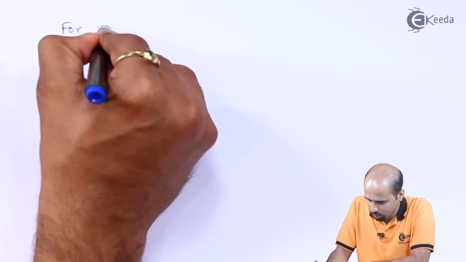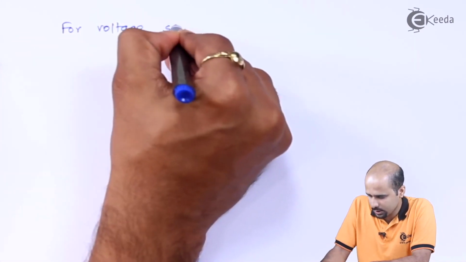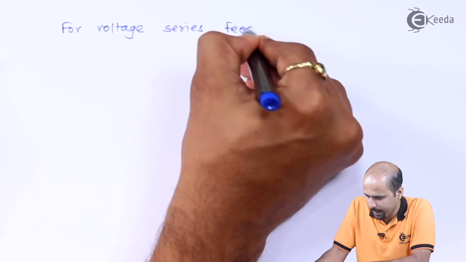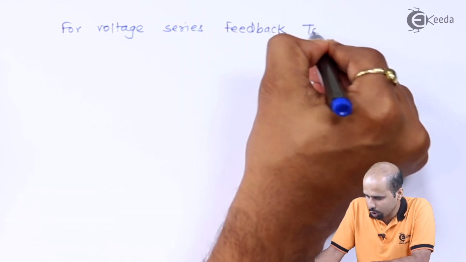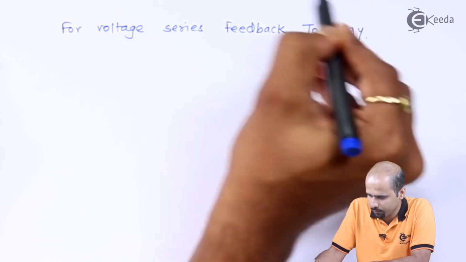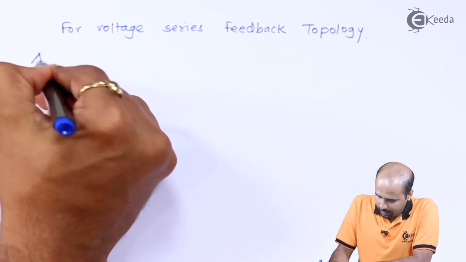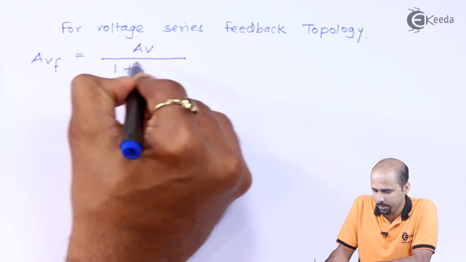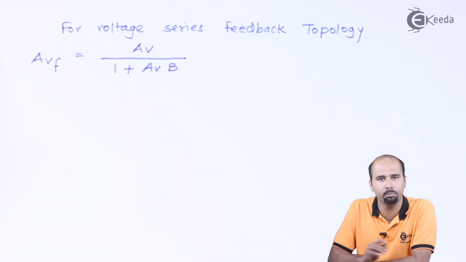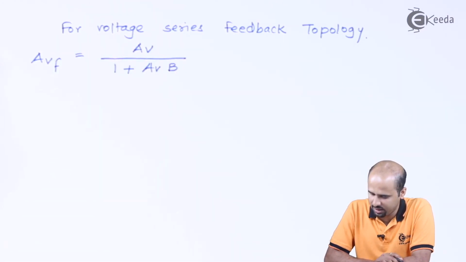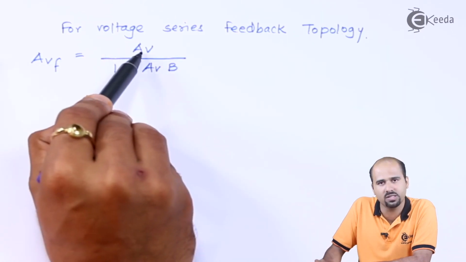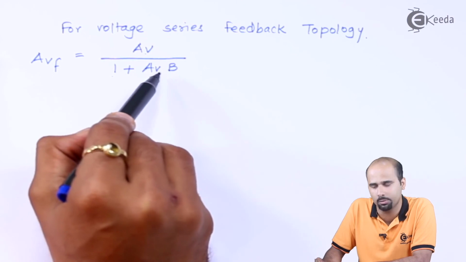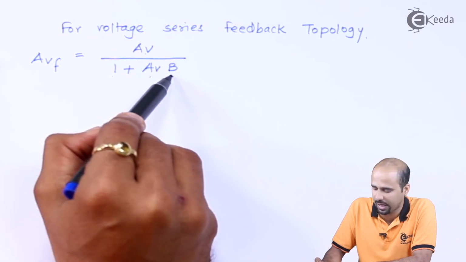So let's move ahead. For voltage series feedback topology, AVF is equal to AV divided by 1 plus AV into B. So AVF is the open loop gain, that is without feedback, divided by 1 plus open loop gain multiplied by B, which is 0.1, as we have calculated.